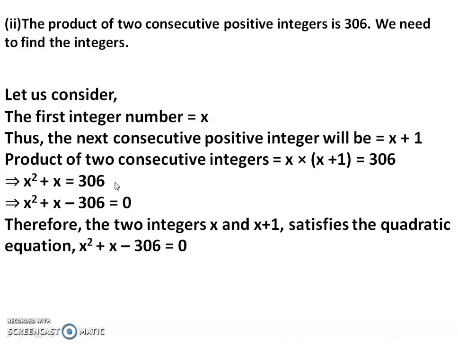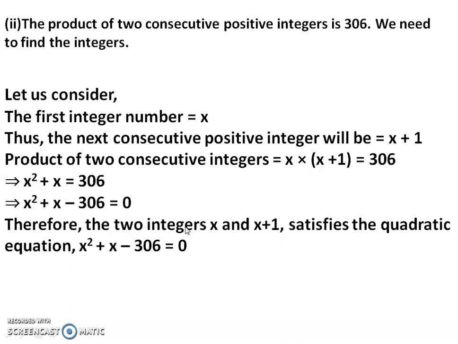x into x plus 1, you can expand it as x square plus x equal to 306. I am taking 306 to the left hand side. So I can write it as x square plus x minus 306 equal to 0.